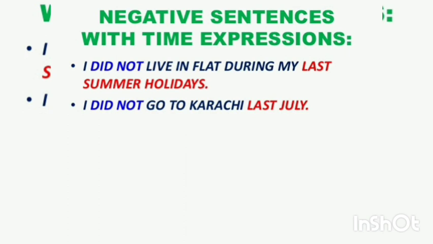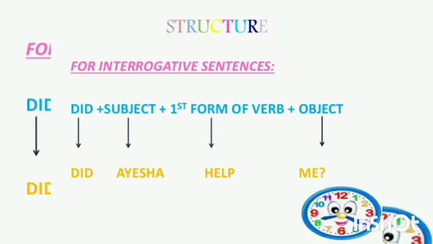Here you have to remember one thing while framing negative sentences, that in negative sentences you have to use the second form of the auxiliary verb, and then you have to use the first form of the main verb. Like I did. Did is the second form of the auxiliary verb do, and then the main verb is leave.